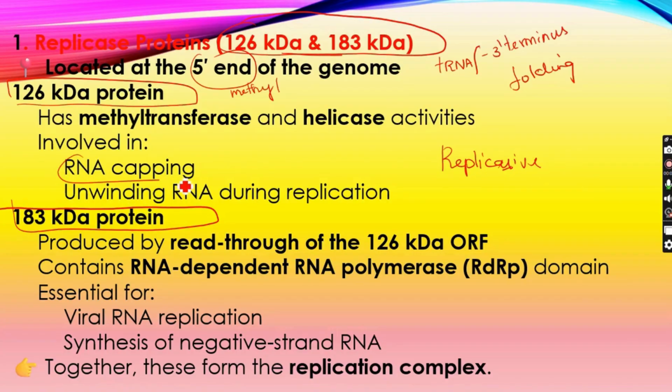They are involved in RNA capping of mRNA to convert the positive strand of RNA into an mRNA. RNA capping and unbinding of RNA during replication are both carried out by the replicase protein of 126 kilodaltons.